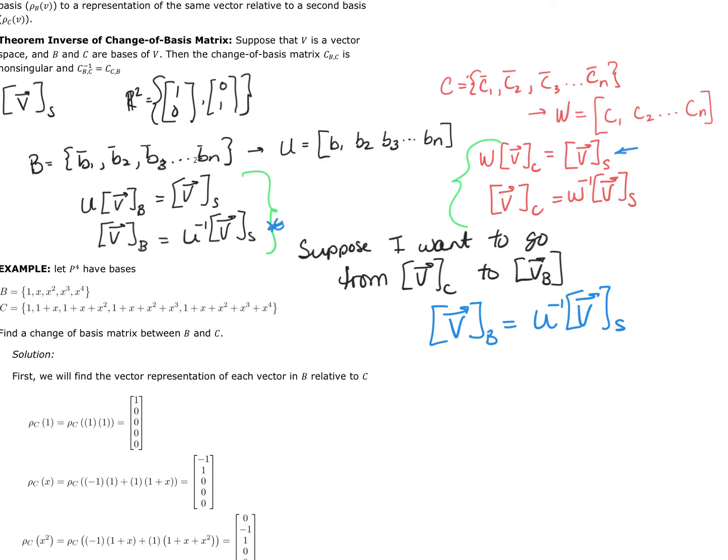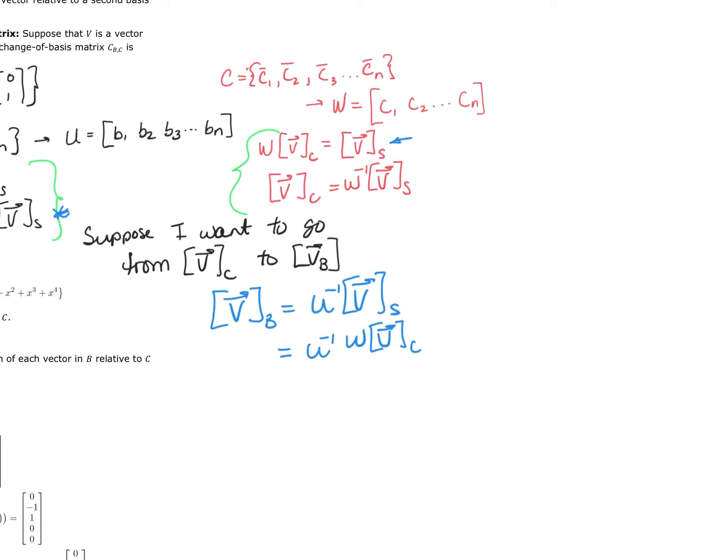However, my vector V with respect to the standard basis can be rewritten as W multiplied by my vector with respect to my C basis. So then it's just a matter of inverting one, multiplying by another, and then multiplying by the vector that is in respect to that basis that I have so I can get to what I want.